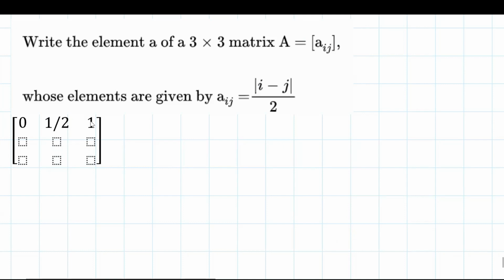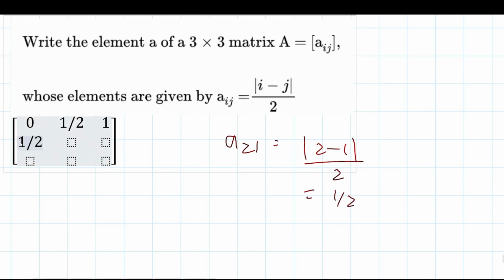Now next, I'll do the other parts. If I fill this one, it is the element of the second row and the first column. So I'll be writing 2 as i and 1 as j. Modulus of 2 minus 1 is 1, modulus 1 is 1, so 1 over 2. The value of this is half.